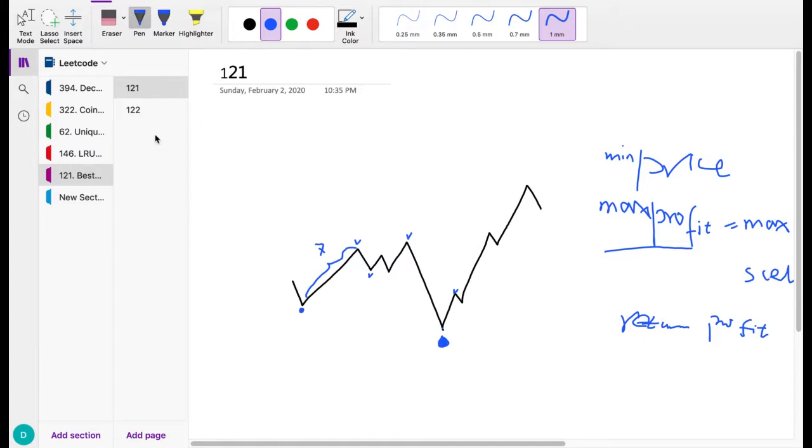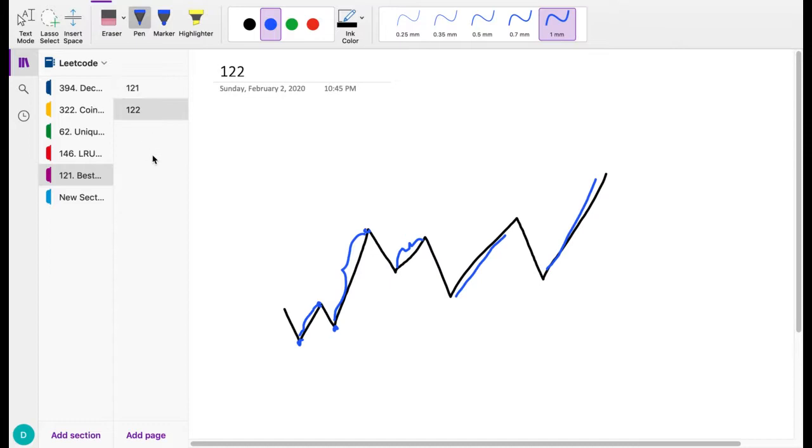In the second problem, we can make as many transactions as we want. So in order to make the most profit, we need to make use of every stock increase. So add every going-up section, and then we get the best profit.